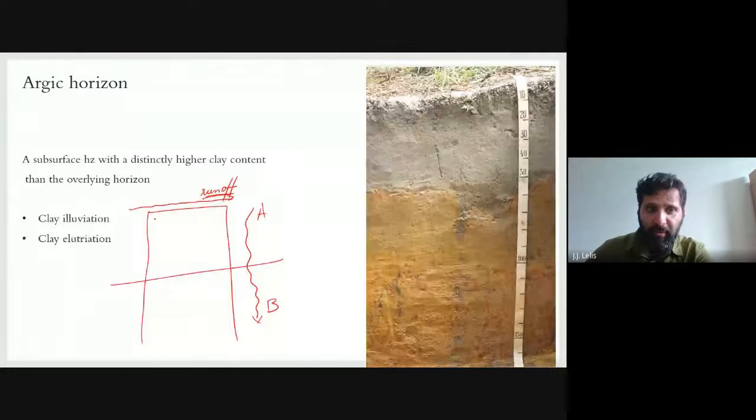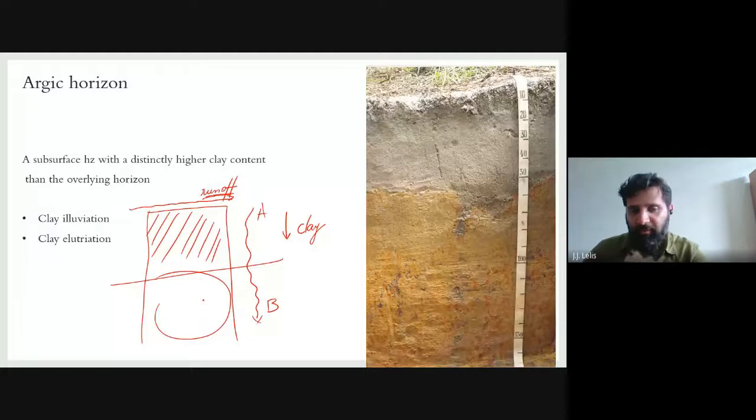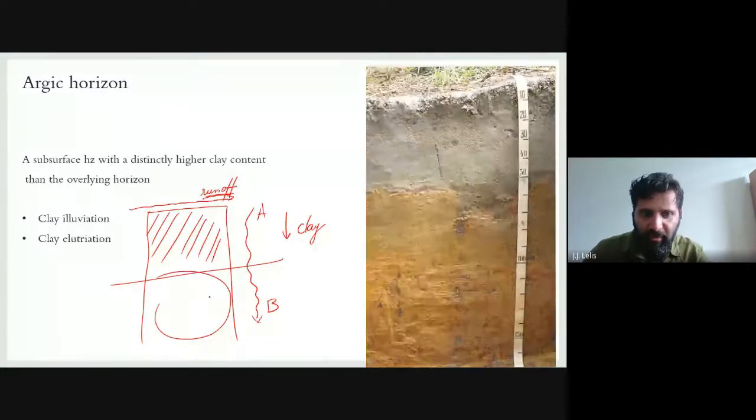And we create a horizon that presents a low content of clay particles. And here we didn't lose clay because we didn't suffer the splash effect. So the clay content is okay. We are not losing it.